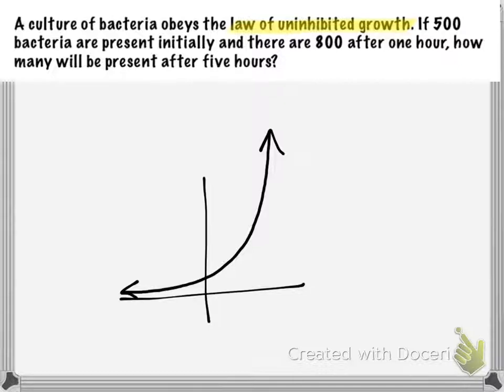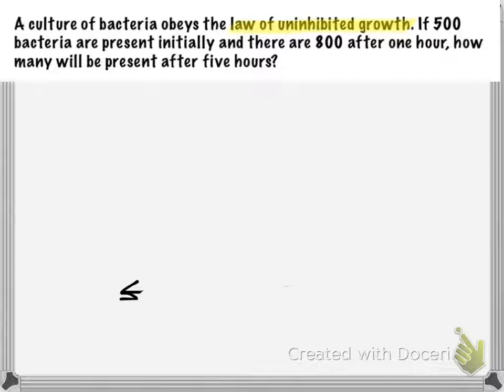So there are two ways to attack the problem once we decide that we have an exponential growth problem. One way is to use our general exponential model, which is A equals A sub 0 e raised to the r times t power.